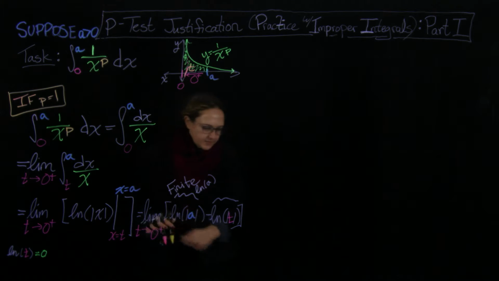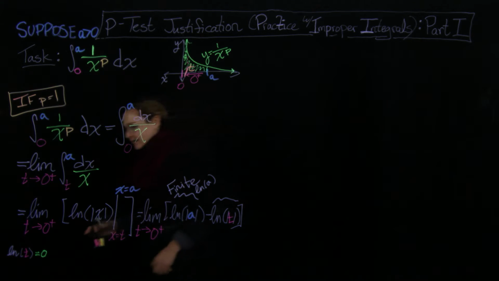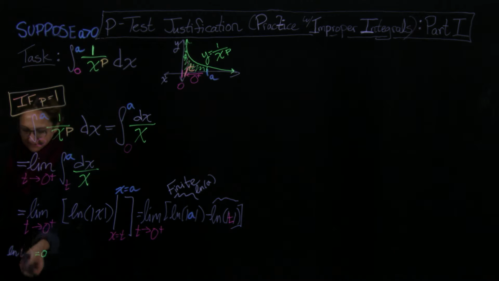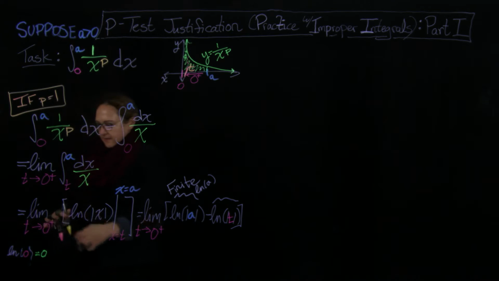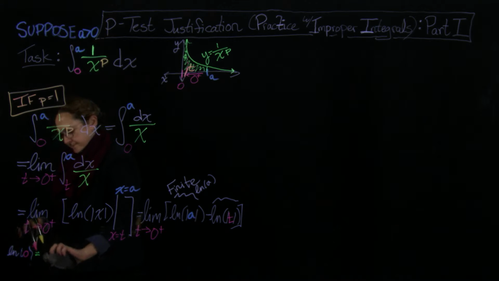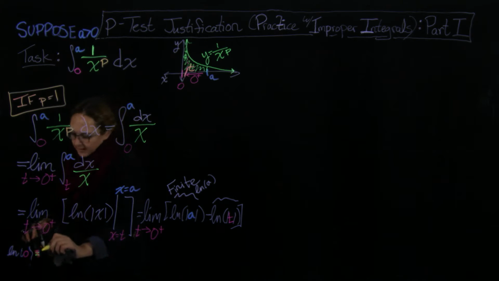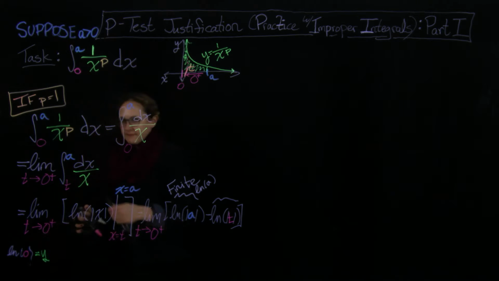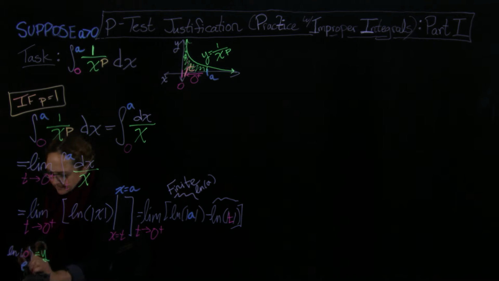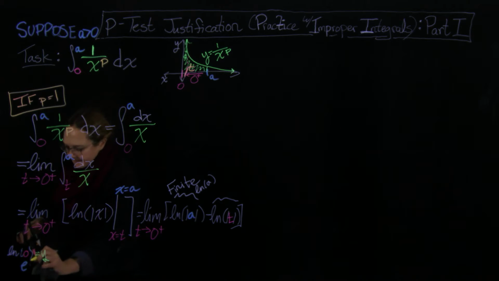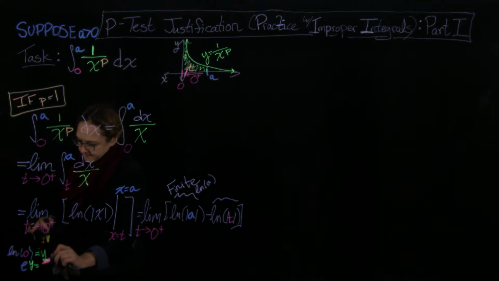Sorry, I meant to write the 0 over here, so the natural log of 0 is equal to y. I should think of that as e to the y is going to equal 0, right?